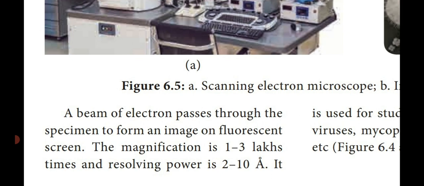The magnification is 1 to 3 lakh times and the resolving power is 2 to 10 Angstrom. It is used for studying the detailed structure of viruses, mycoplasma and cellular organelles.